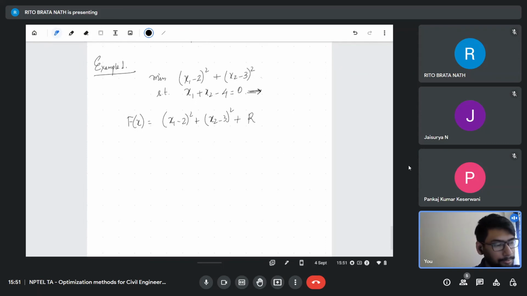Earlier, if the constraint was greater than or equal to type, the violation was when it was less than, and when the function was less than or equal to type, the violation was greater than. Here, if it is an equality type constraint, the violation is either greater than or less than. So either this value becomes positive or this value becomes negative, and we have to penalize both sides.